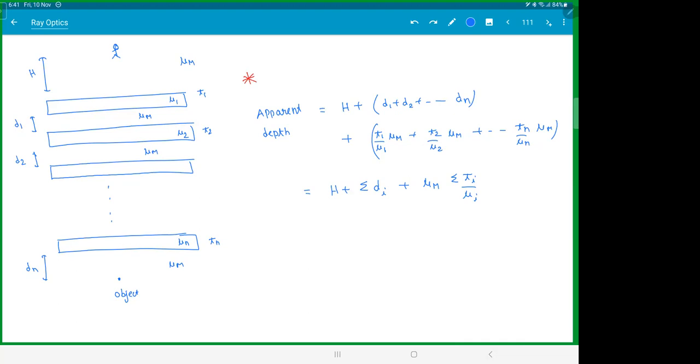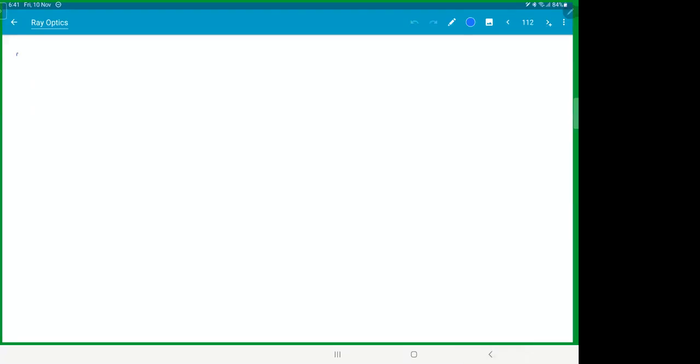Clear? Now, extending this a little more, you can actually manipulate this into another form. We'll call this apparent shift. So if you have a slab, if you have an object, and if you have an observer, if this is T1, this is mu1, and this is mu m, and this is mu m.